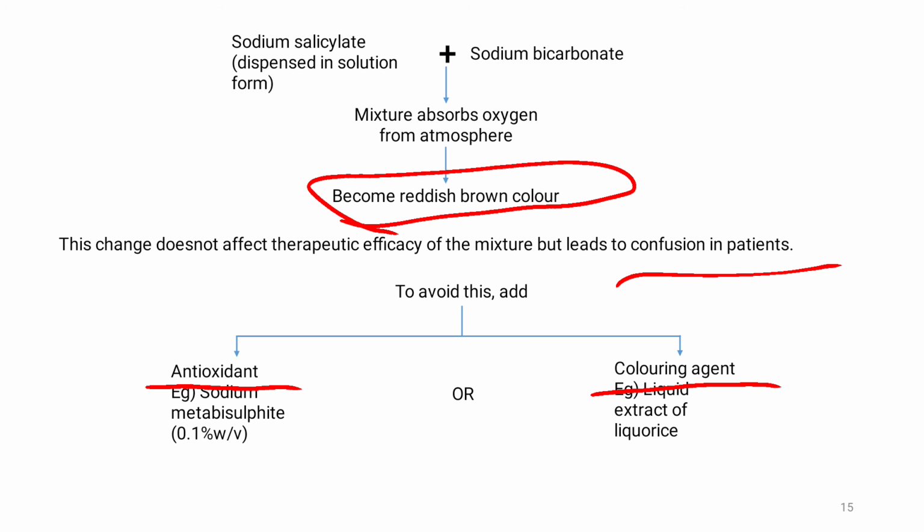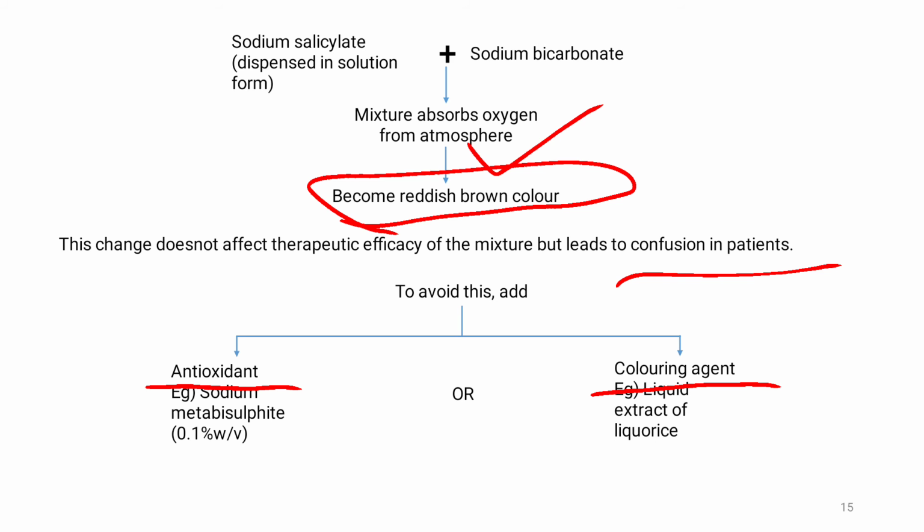The mixture absorbs oxygen from the atmosphere and oxidation takes place, so by adding an antioxidant we can prevent the oxidation reaction, and the reddish brown color change will not be produced.